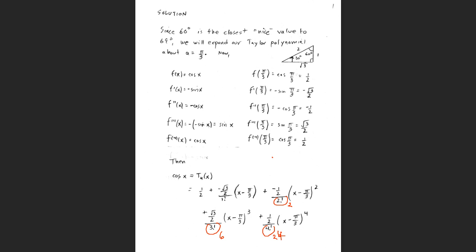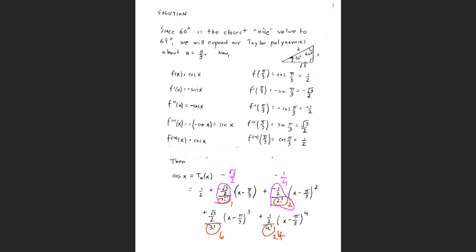So the coefficients are going to simplify to, well, negative 1/2 divided by 2 is negative 1/4. And here, 1 factorial is just 1, right? So this will just be negative root 3 over 2. Let me continue here.